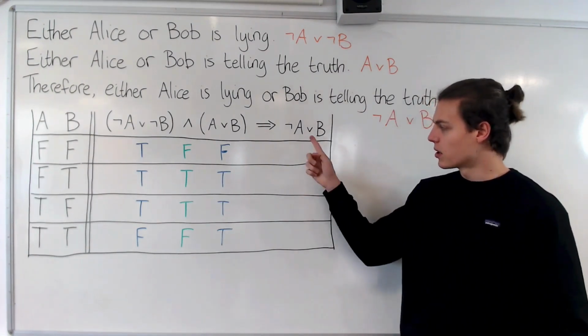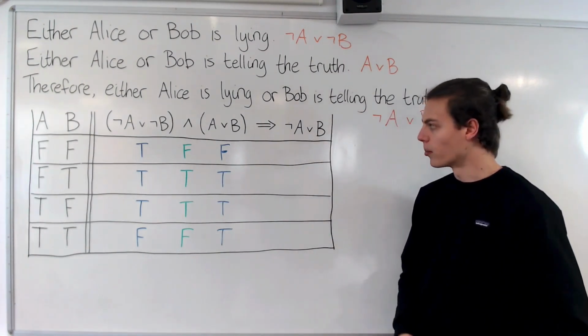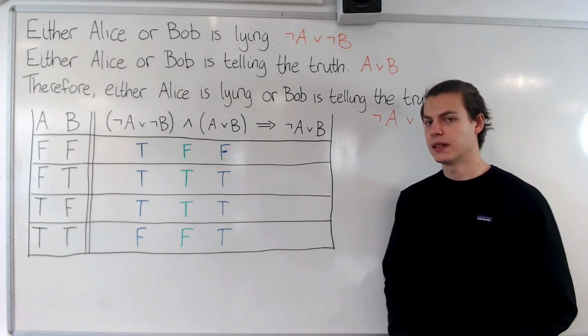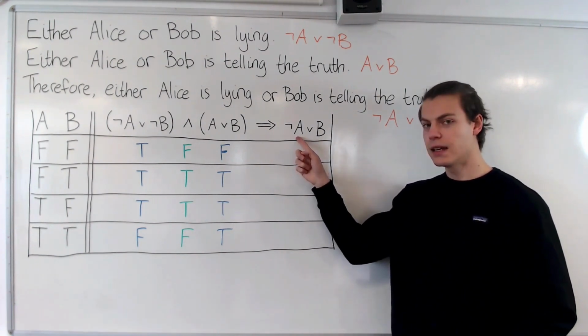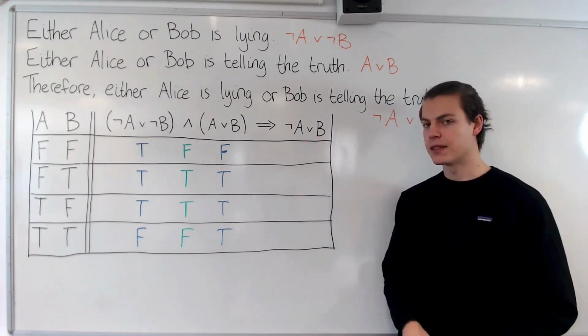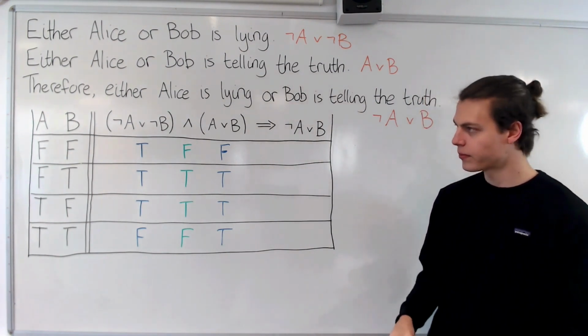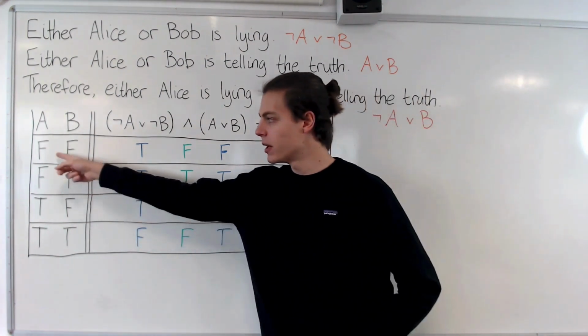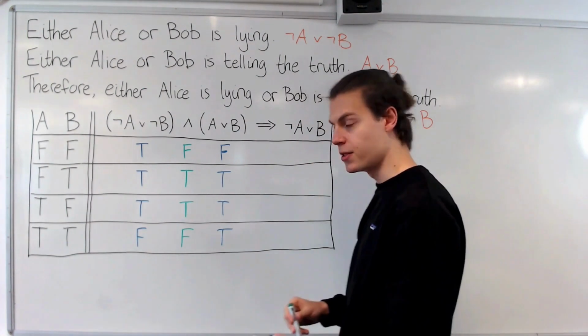Okay, now let's look at this or column. So this is true if either A is false or B is true, right? So in the first row, A is false, and so this is true.